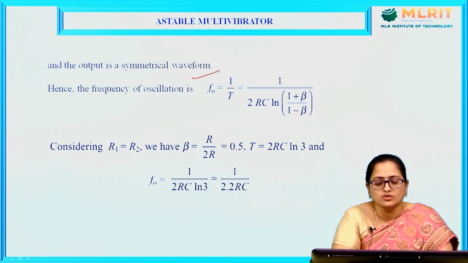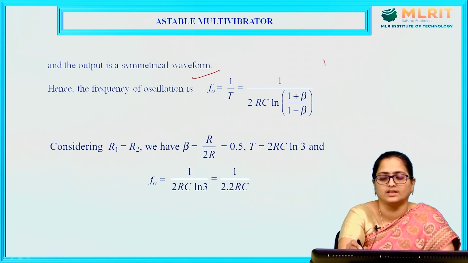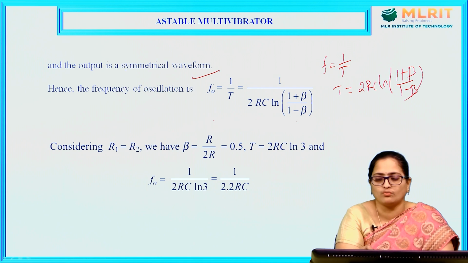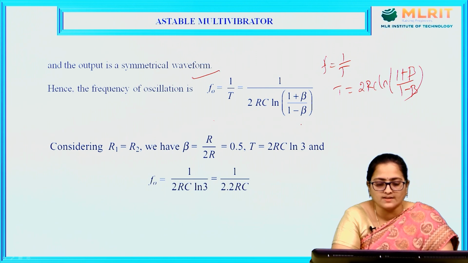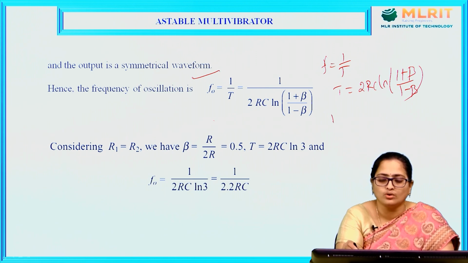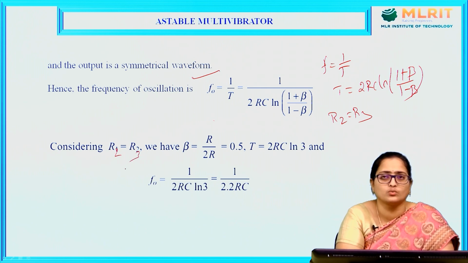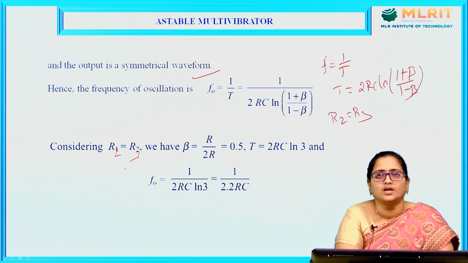The frequency of oscillation, we know that F is equal to 1 by T, where we got the T value as 2RC log of 1 plus beta by 1 minus beta. So, the frequency of oscillation is given as 1 by 2RC into log of 1 plus beta by 1 minus beta. Now, let us consider R2 is equal to R3. You can write R2 is equal to R, that is the resistive network which we have connected to the feedback.